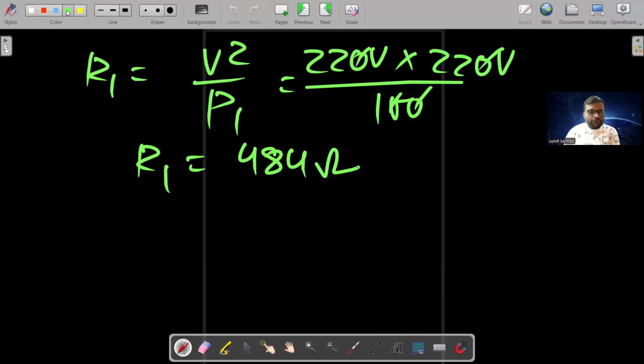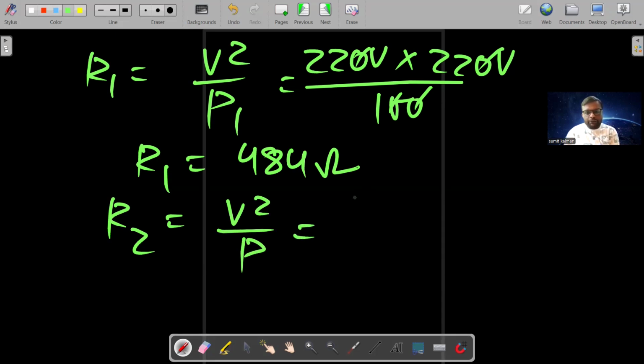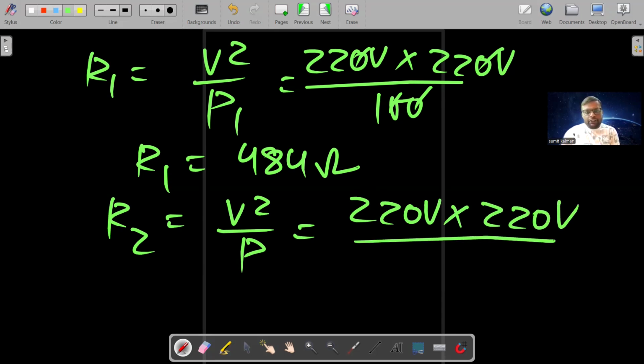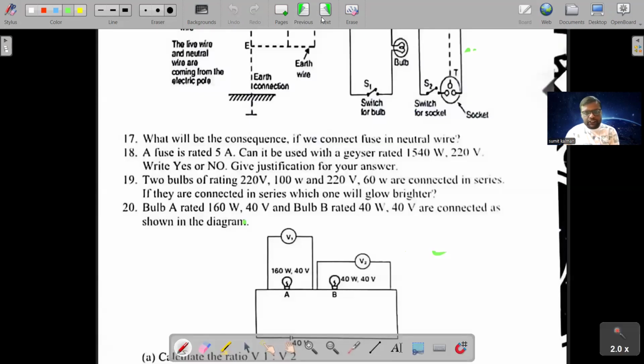And here, friends, we will calculate the resistance for the second bulb. R2 is equal to V square by P. So here it will become 220 volt into 220 volt upon power, which is 60 watt.